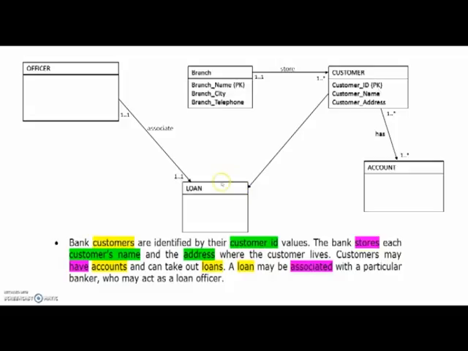For the loan here, the loan is associated with only one officer, and only one officer can be associated with one loan. So the multiplicity is 1 and only 1. The relationship word between the entities officer and loan is associate.